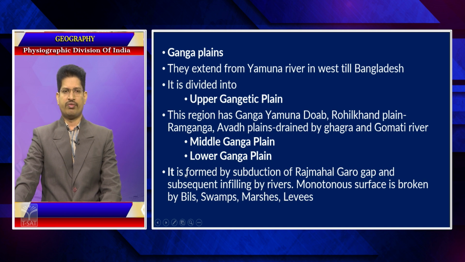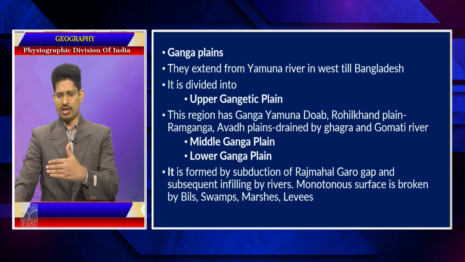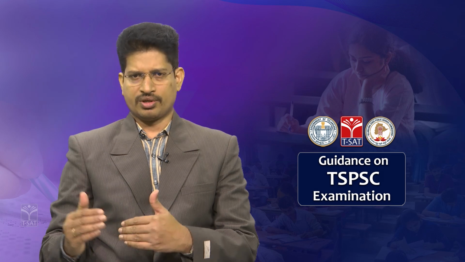It is formed by the subduction of the Rajmahal-Garo gap, from the Chota Nagpur region and the Bengal region, when you compare them with the Assam region.